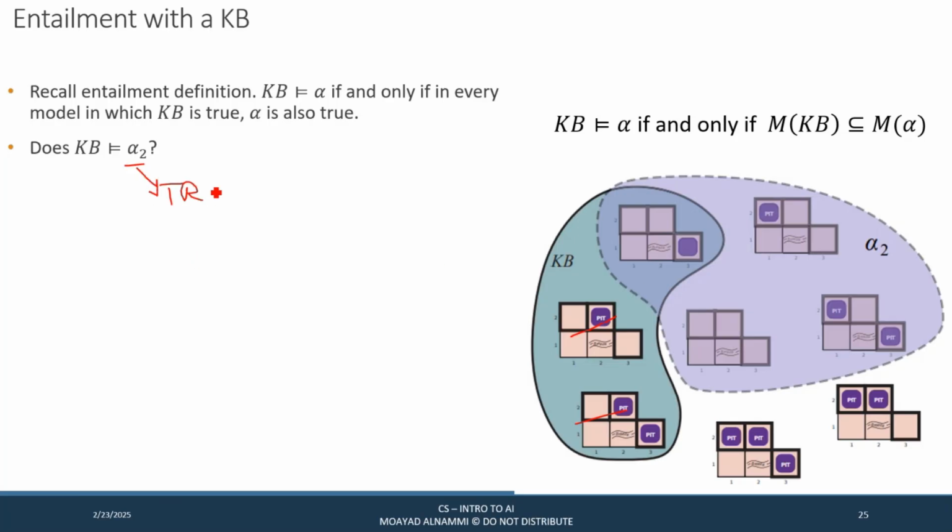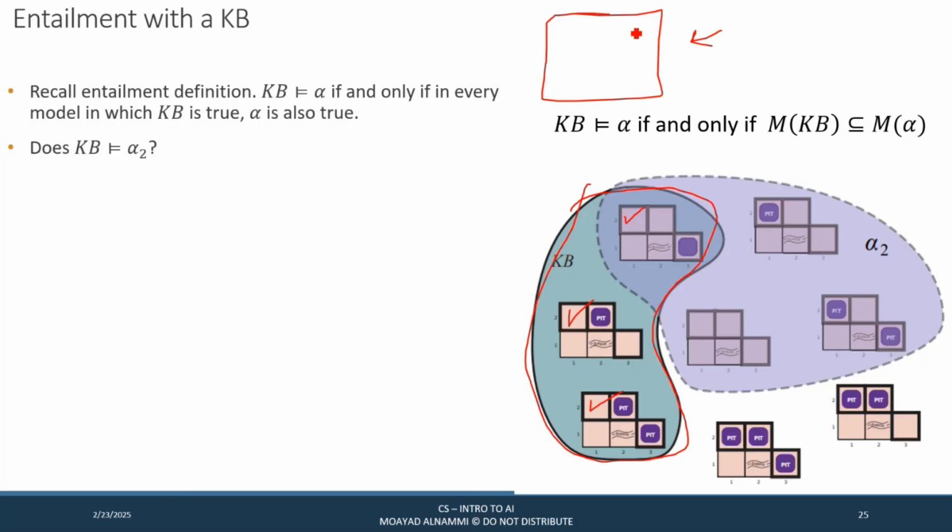Can we say that alpha 2 is false in this case? No, we also cannot say that alpha 2 is false. The reason is that, assuming the KB facts are true, the real situation in your environment could be this situation, this situation, or this situation. But you don't know which one so far.